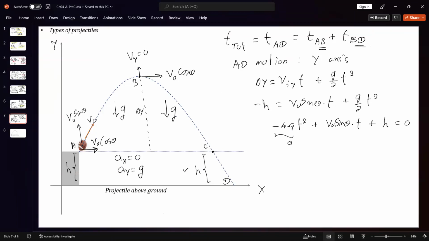This is going to be A, this part is B, this part is C. If I know A, B, C, I can find the time: negative B plus or minus the square root of B squared minus 4AC, divided by 2A. The time must always be a positive number. Assuming time is a positive number, you should be able to find the total time from here. So that's the idea. By knowing the total time, I can find the range and other information.